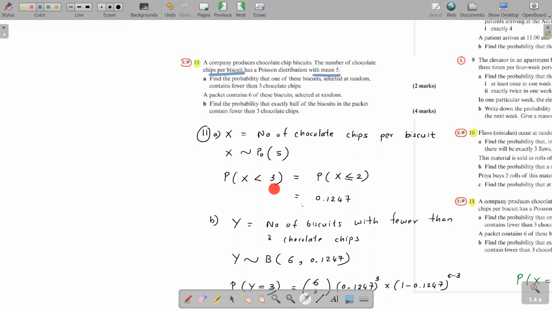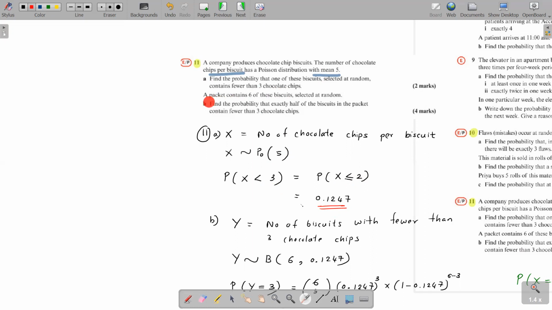So X is less than 3. That's the probability I need to find. X less than 3 is X is less than or equal to 2. So how do you get the probability? Go to the Poisson cumulative distribution function table. Lambda value 5, X value 2. And you get this answer, 0.1247. So that answer you can get from the table. So that should be fine, right? I'll move on to part B.